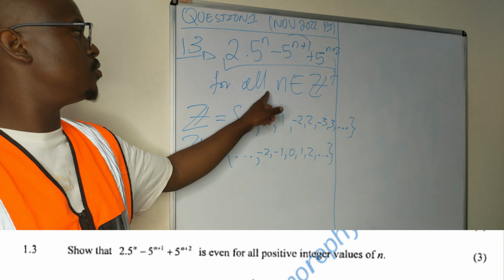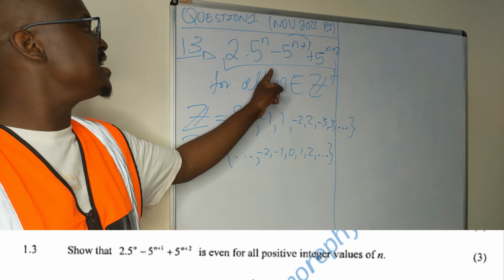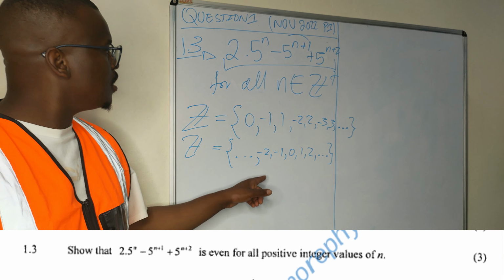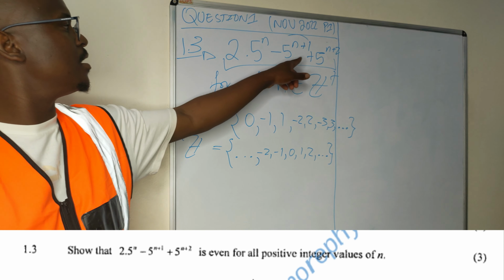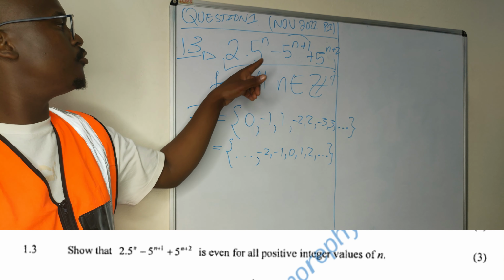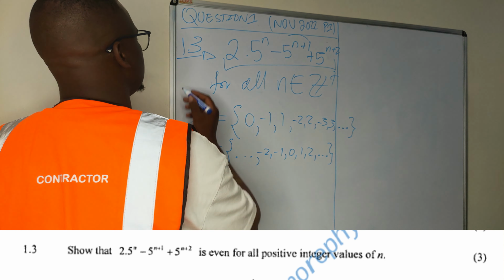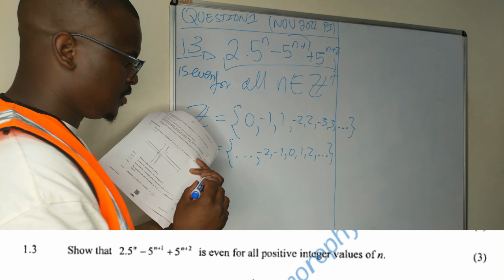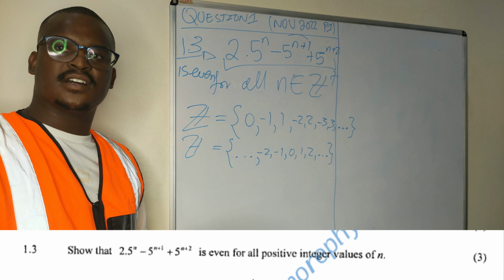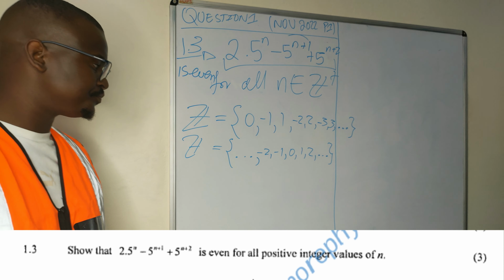That's what they are telling you. They're saying this thing is even for all n is a positive integer. So they're saying show this.